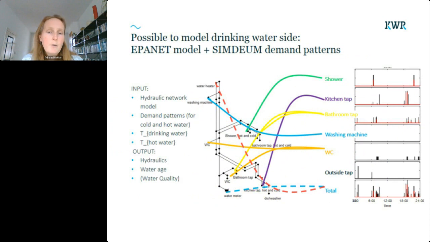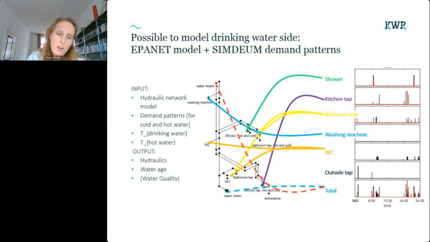So with that, we can go a step further to model not just the demands, but also to model the premise plumbing system. This is a graph here showing in the middle a little bit of what an EPANET hydraulic network model would look like. On the bottom, you see the water meter.